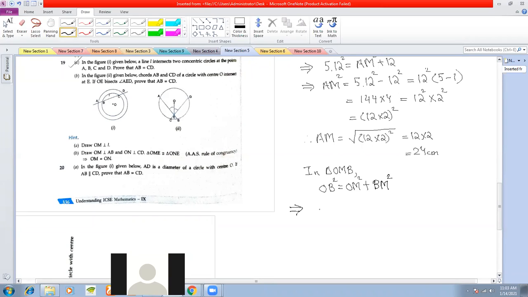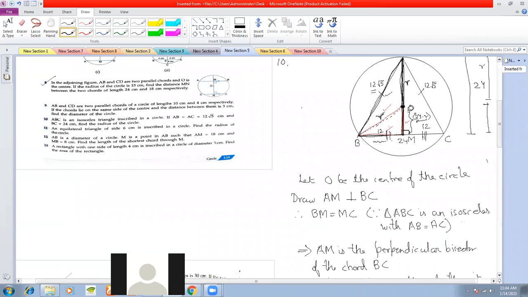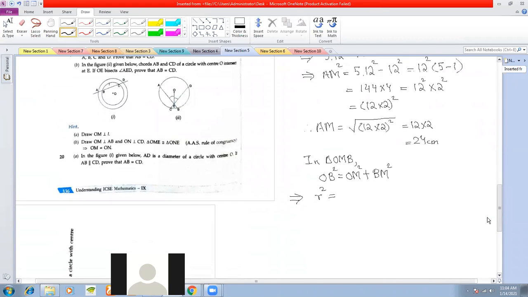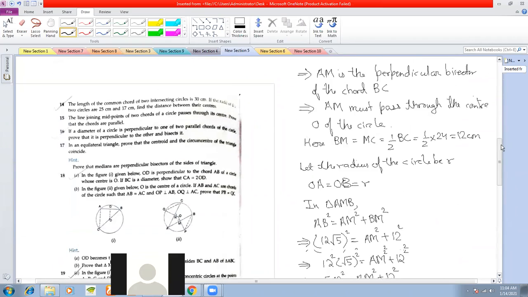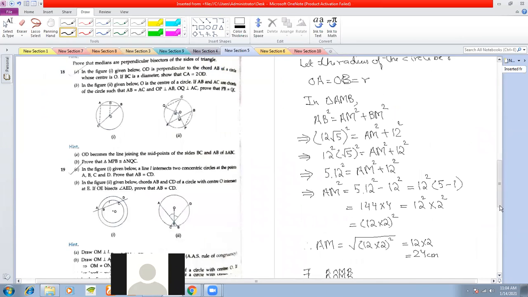So what is the length of OB? Length of OB is R. What is the length of OM? Length of OM we have already found out here to be 24 minus R. And what is the length of BM? Length of BM we have found out to be 12. So let's put it here.